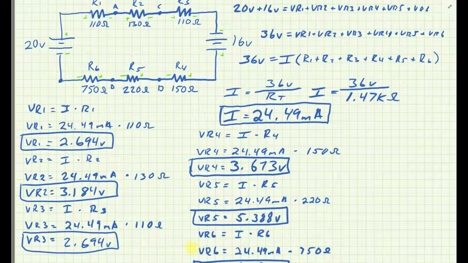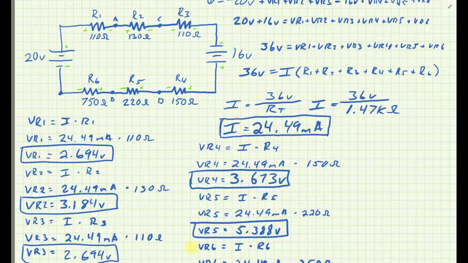The way that I typically will do that is I'm going to imagine myself putting my voltmeter right there with the black lead on D and the red lead right here on point C. So my meter, if I do that, will show me a positive number if VCD is positive and a negative number if VCD is negative.